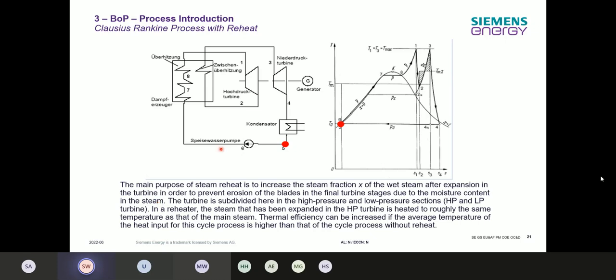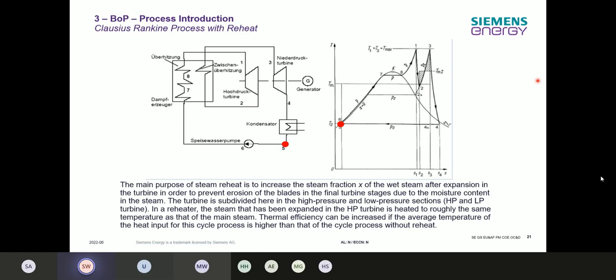When I go back to the other diagram, we saw that we have a certain amount of wet steam. When we're going from high temperature to the lower pressure and getting into this wet steam area, of course we want to avoid this.